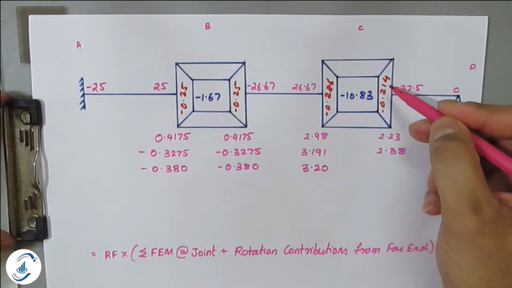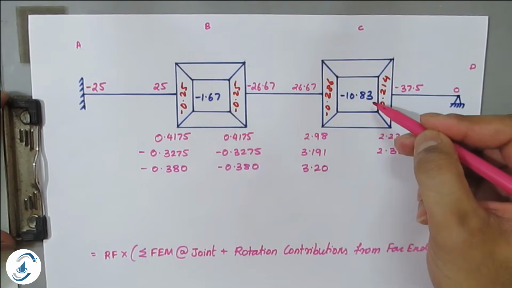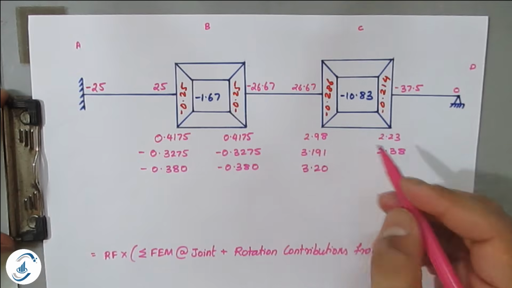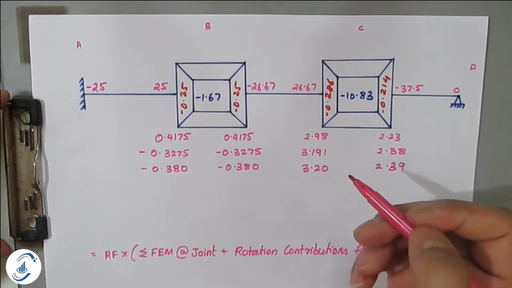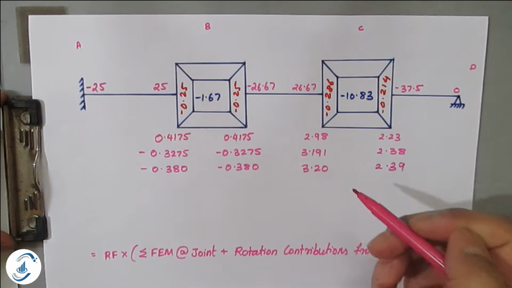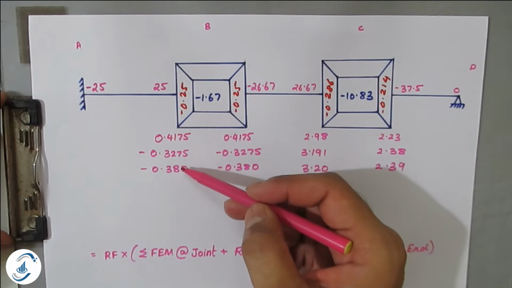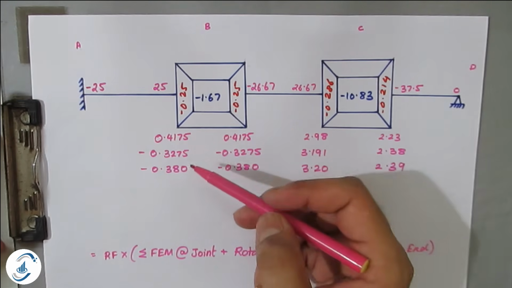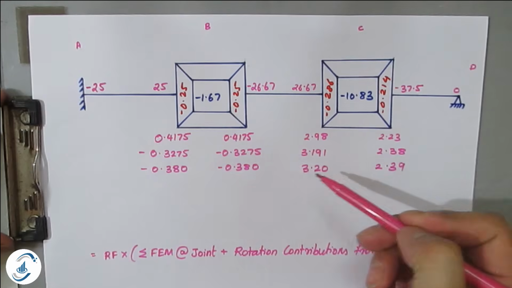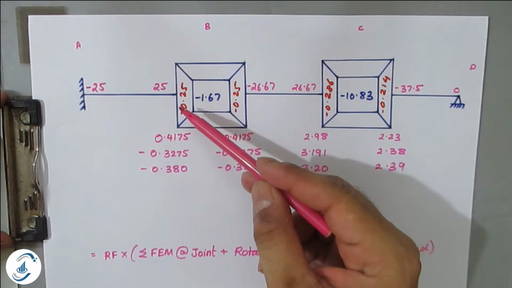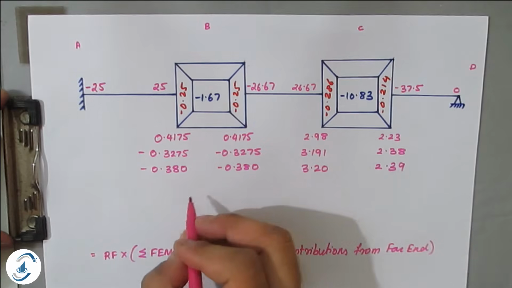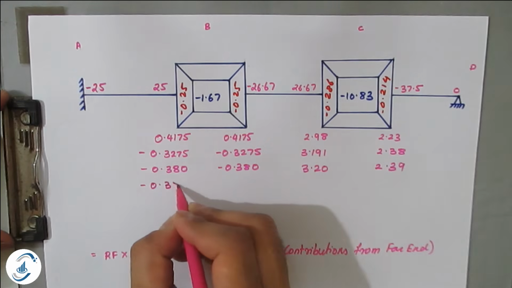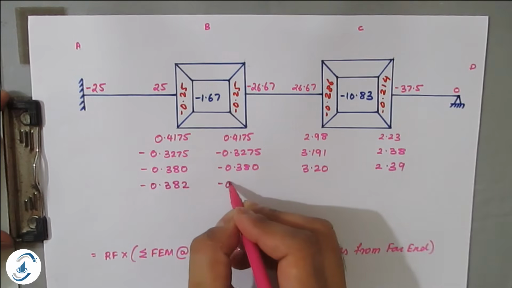Minus 0.214 into minus 10.83 minus 0.380, so 2.39. So till when we have to continue this problem? Till where we get similar values between two rows. Okay, so another iteration we need here. So minus 0.25 into minus 1.67 plus 3.20, you will get minus 0.382. This again will remain same.